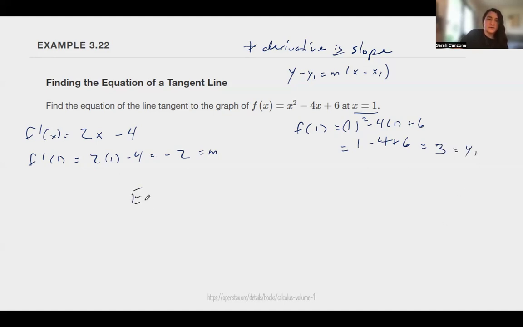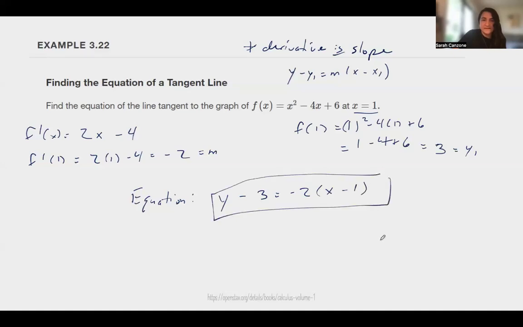So our equation is y minus y1, which we said was 3, equals m, which was negative 2, times x minus x1, which they told us was 1. And like I said, at least for my class, I don't need you to simplify that into y equals mx plus b. This is just okay. So this took what would have been way more steps and simplified it greatly.